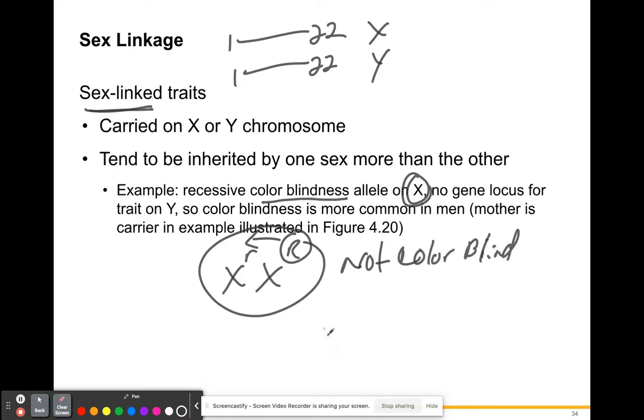But if you were a male and this has the colorblind allele on it, the Y has nothing to do with colorblindness, only the X does. So there's nothing to fight this off.